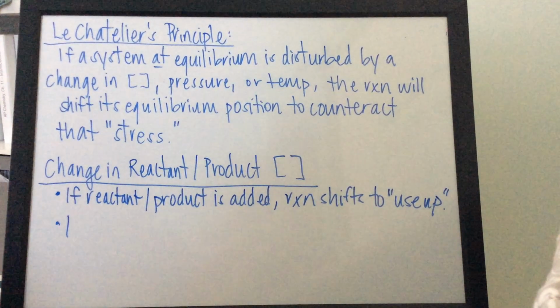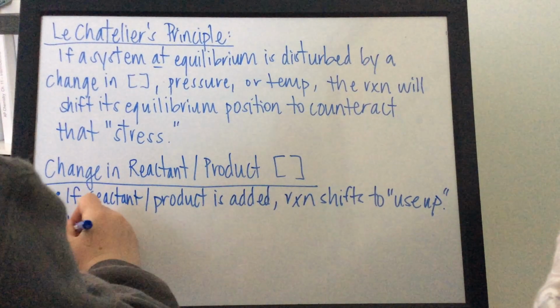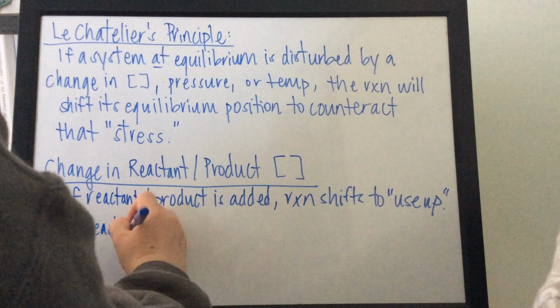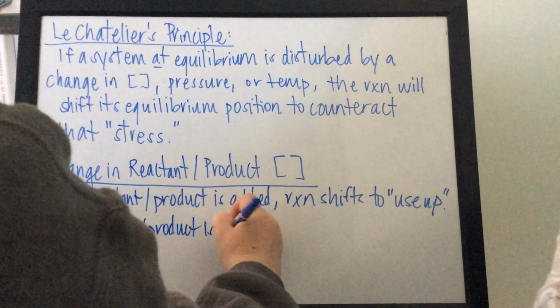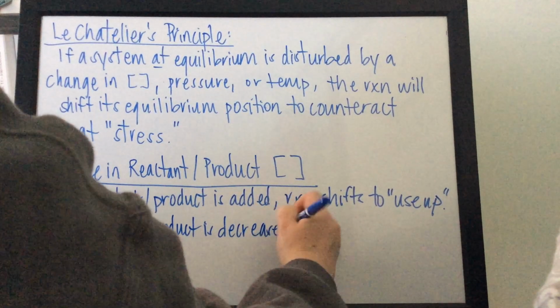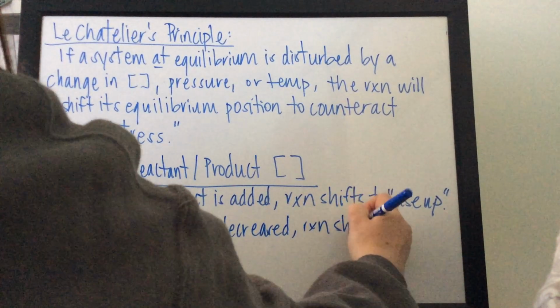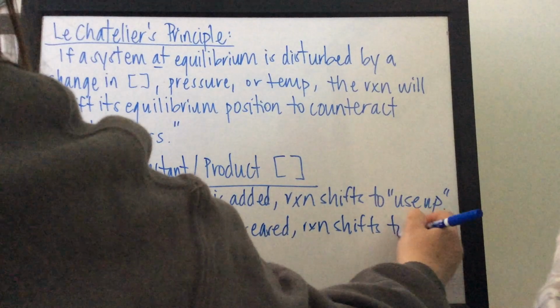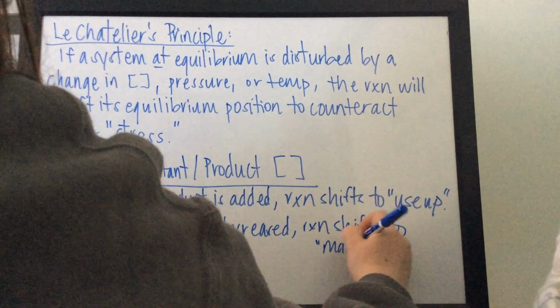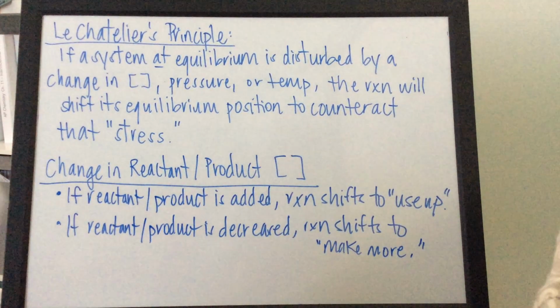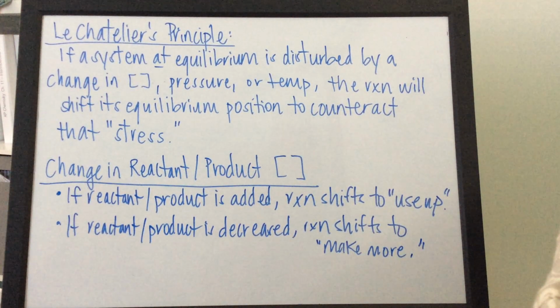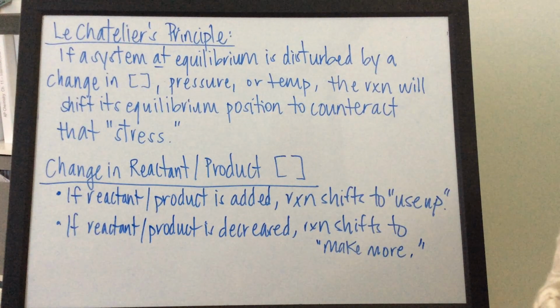All right, and the second one. So again, this first disruption or stress to our equilibrium system is a change in concentration, changing how much reactant or product we have.